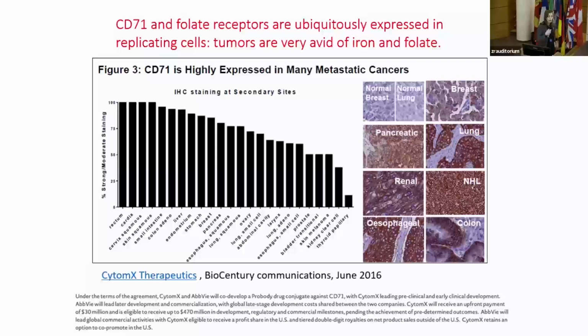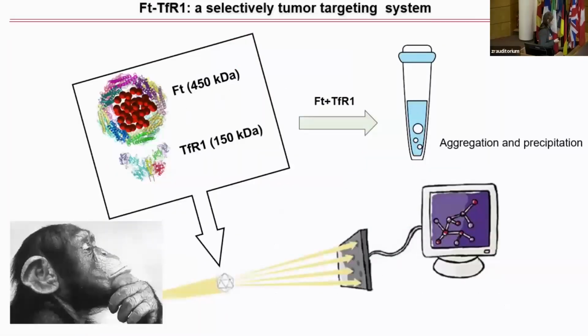In this way, if you target the receptor, you are targeting cancer cells without having the need to engineer your nanoparticle. And so we wanted to understand this interaction, both because we want to understand how life works, but also because it could be exploited to better target any nanoparticle, including ferritin, modified or not, to cancer cells.